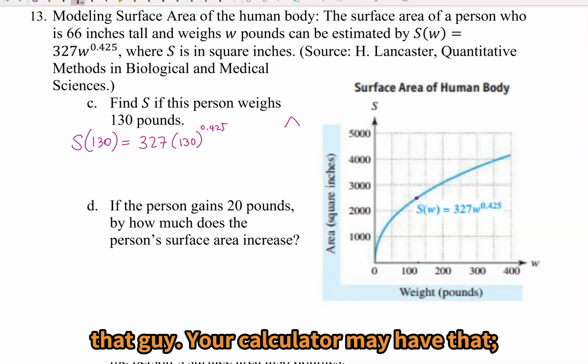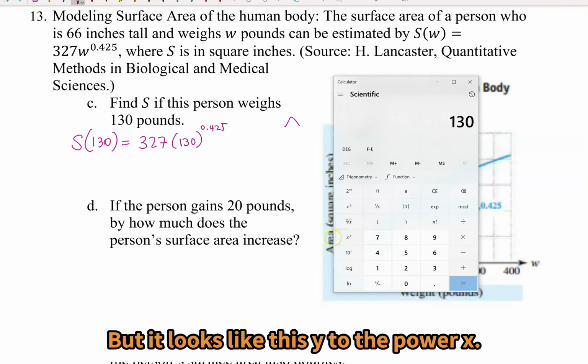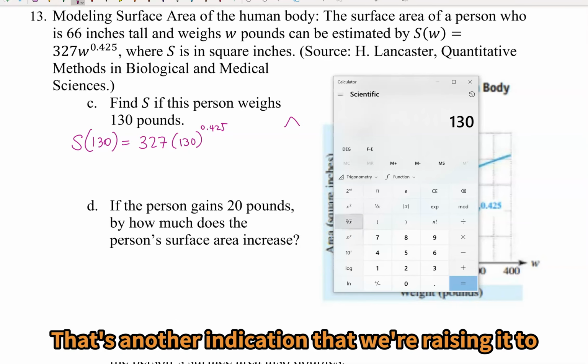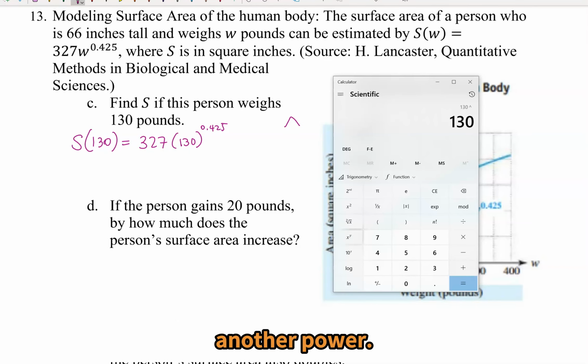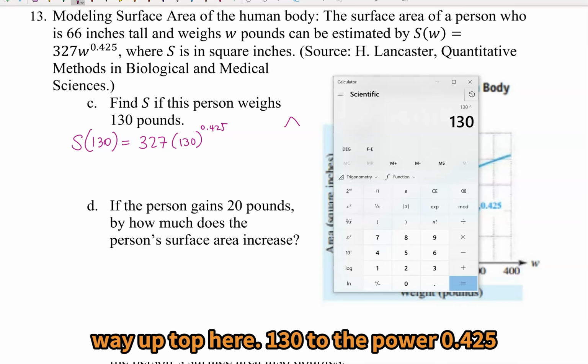That guy. Your calculator may have that. That's called a caret. Your calculator may have the y and the x reversed, but it looks like this, y to the power x. That's another indication that we're raising it to another power. So 130, oh, you can see the caret in that calculator way up top here. 130 to the power 0.425.